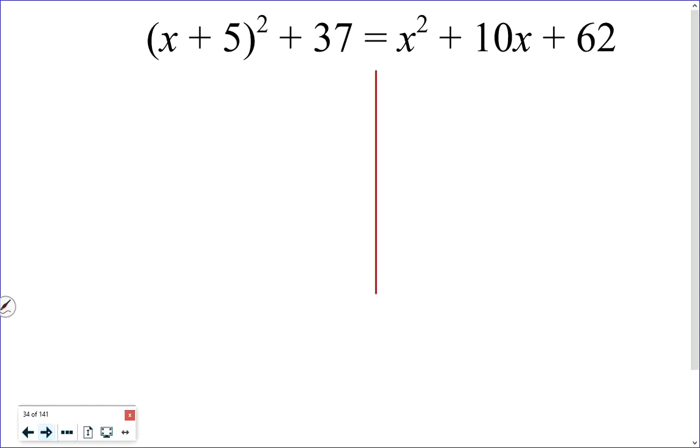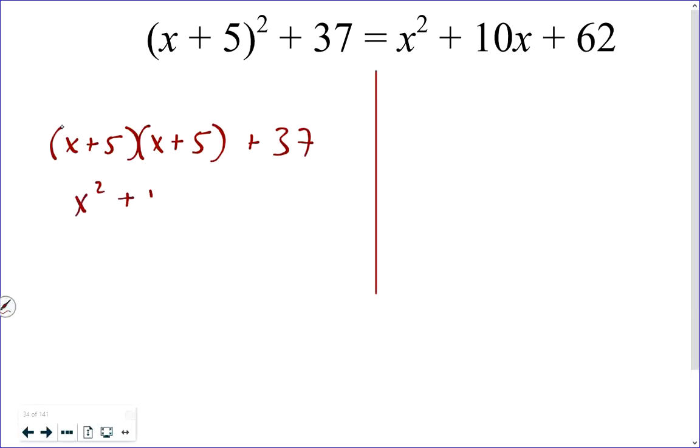And how many of you see that you're going to get x squared plus 10x plus 62? Because (x plus 5) quantity squared is (x plus 5) times (x plus 5). And then we have plus 37. Do a little bit of grade 9 math here. x squared plus 10x plus 25 plus 37. Well, grade 9s would maybe go plus 5x plus 5x.